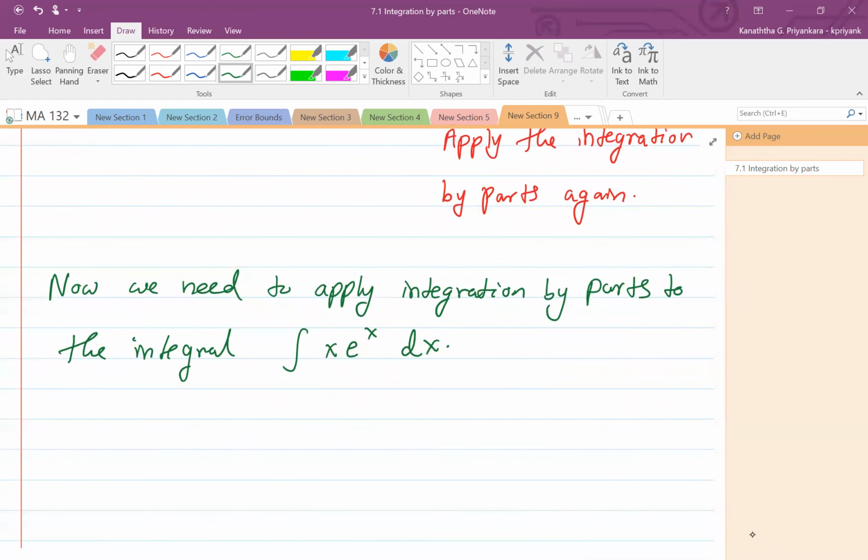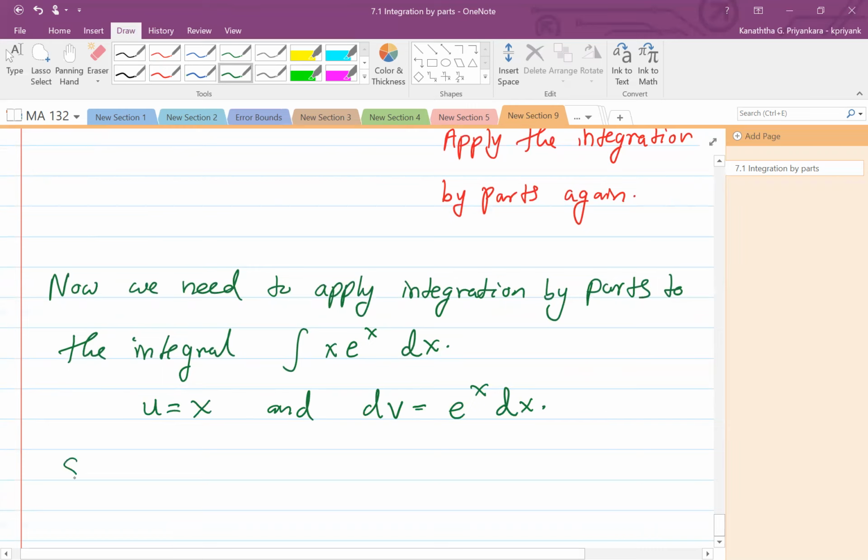So in this problem, again we will take u as x and dv as e to the power x dx. Then we will compute du and v. Since u equals x, du over dx is the derivative of x, which is 1. So du is 1 dx, which is dx.